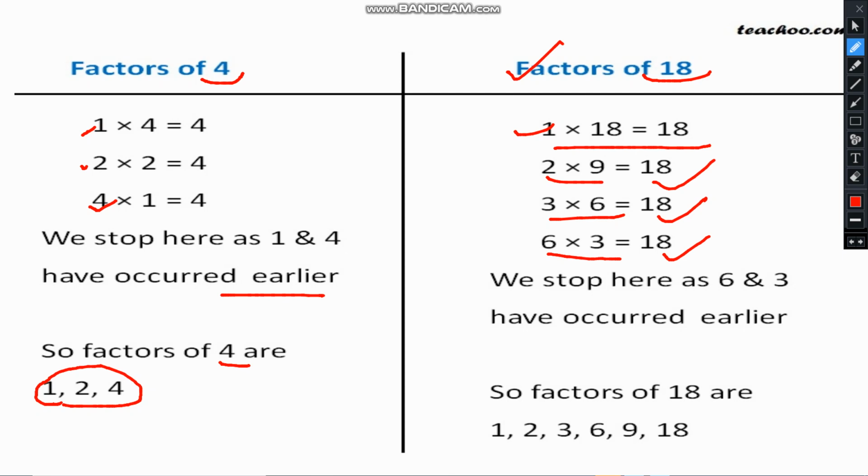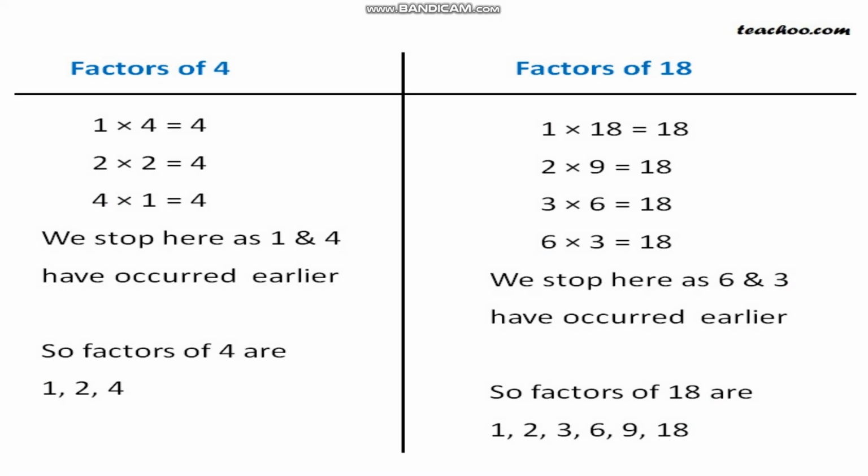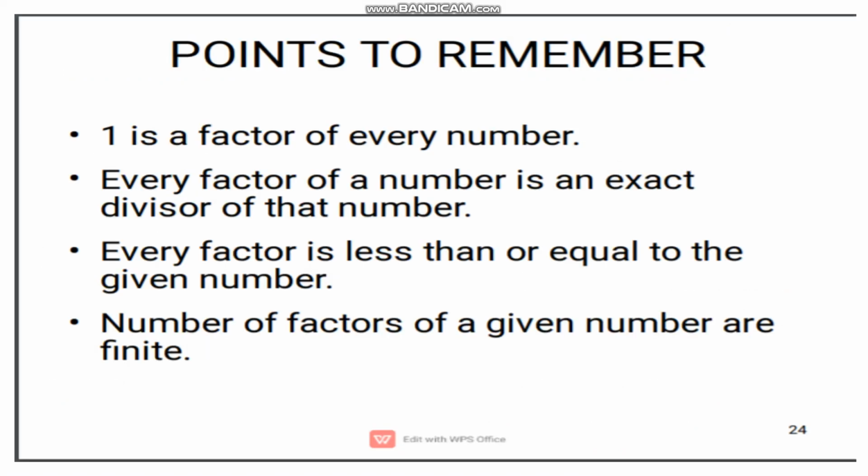So last is 6 into 3. So we stop here as 6 and 3 have occurred earlier. So now the factors of 18 are 1, 2, 3, 6, 9 and 18. So you can see 18 is also there and 1 is also there. So children, this is the way we can find out the factors of the numbers.